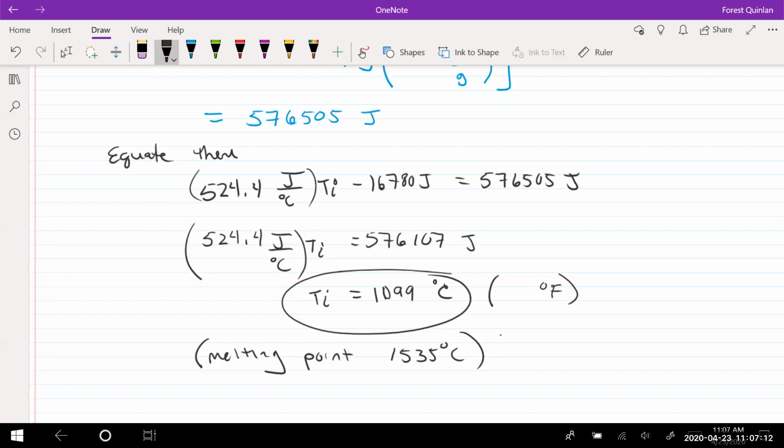I got 1087. Oh, 1087. 576107 divided by 524.4, I get 1099 essentially. Yeah. Okay. Which basically makes it 2009 Fahrenheit.